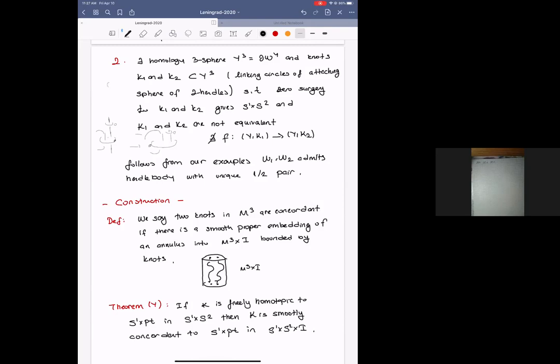So do you believe that this is the case? Whenever you have one handle and a two-handle, if the attaching circle of the two-handle goes once over the one-handle, you just end up with a canceling pair.